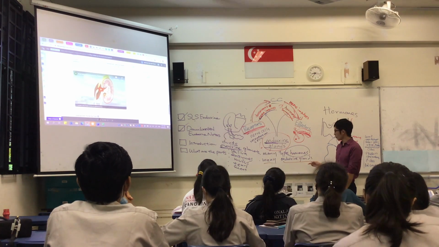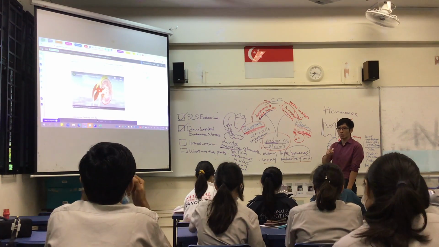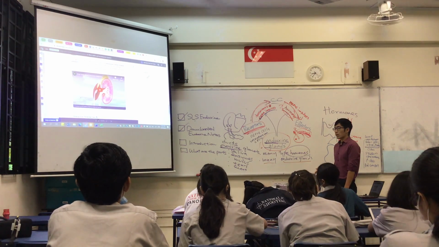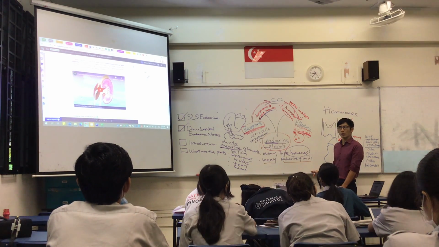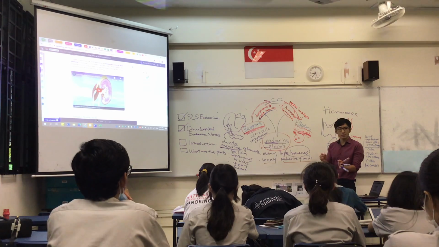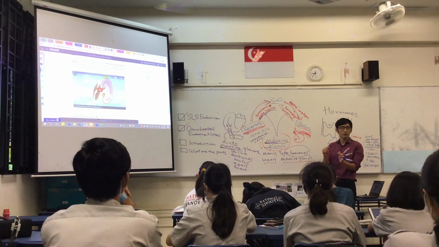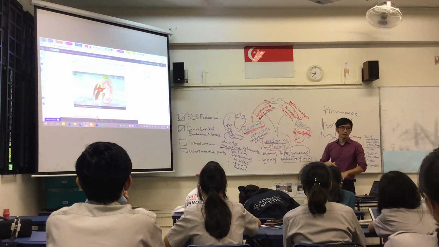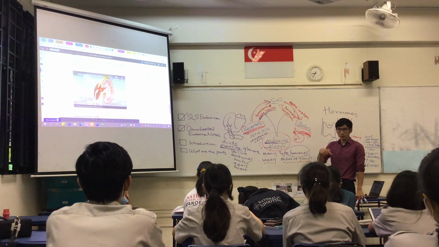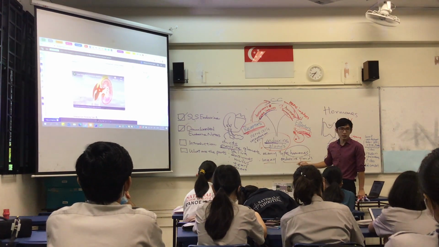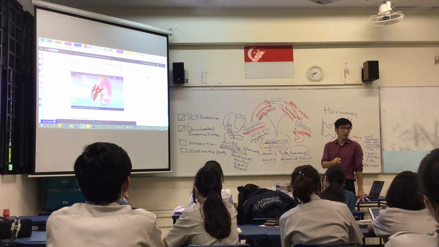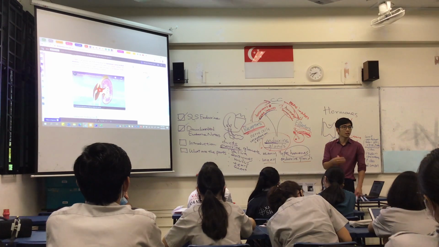Sometimes, even though it produces many types of hormones, the hormones still serve to regulate the same condition. So the example we'll be learning in this chapter, the endocrine gland produces two types of hormones, but both hormones serve to regulate the same condition, just in a different way.